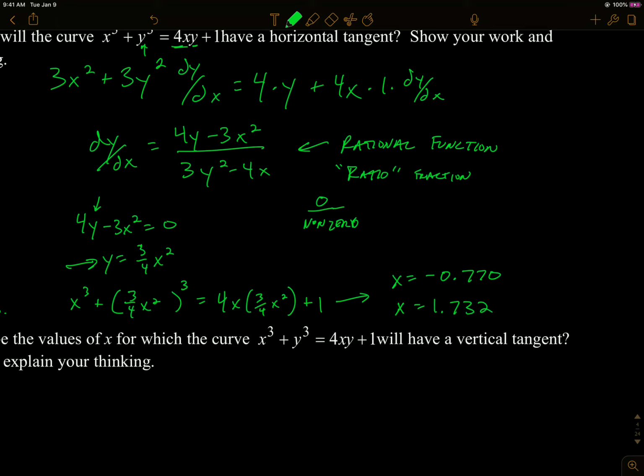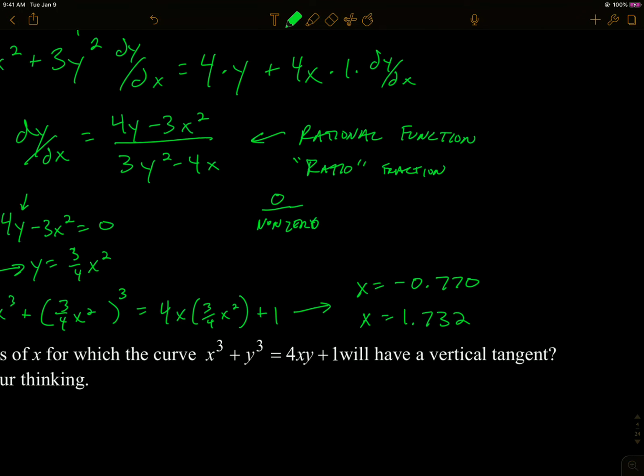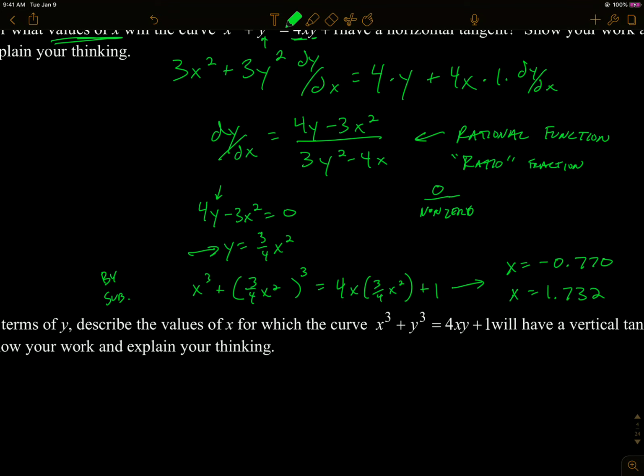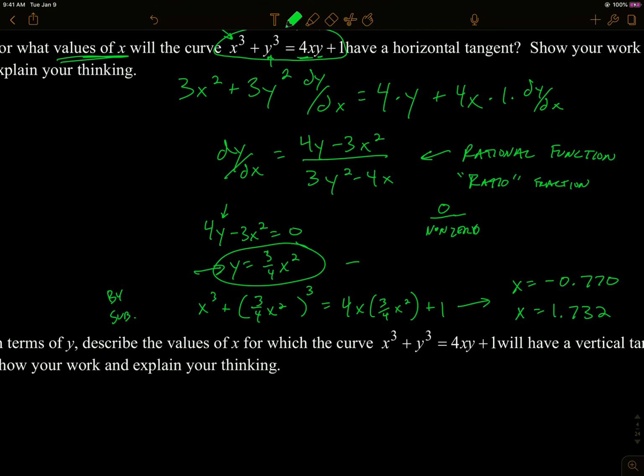Remember, we always go 3 decimal places, and you put one side of the equal sign in for y1, the other one for y2, and they ask for what values of x, so I don't need the y values. However, if you did need the y values, you can go back to either equation that you used to solve your system to get the y. Looks like this one's going to be the easier choice, right? You plug those x's in, and you can get your y values if they wanted the entire point.